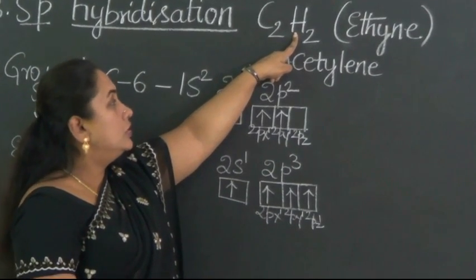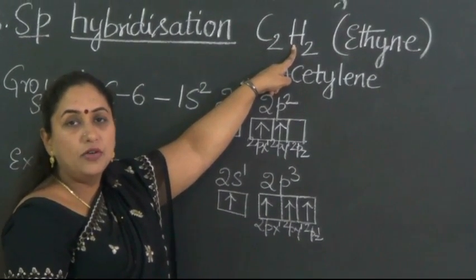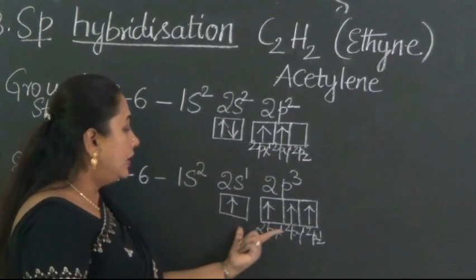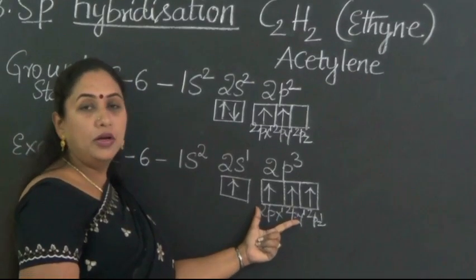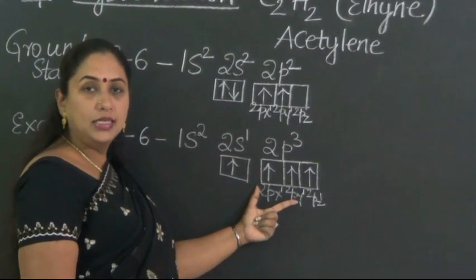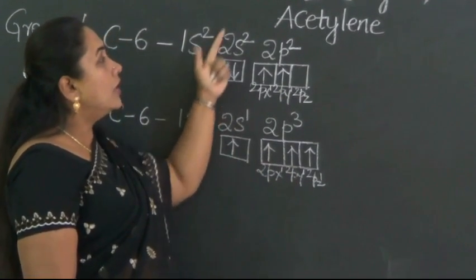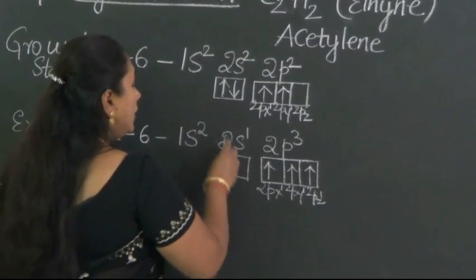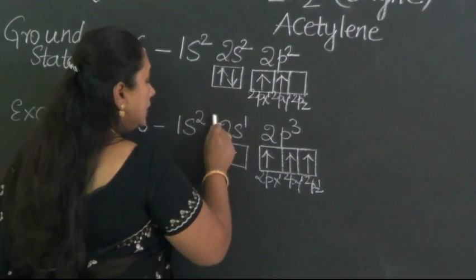So for suiting the need, that many hybrid orbitals only will be formed. Though there is a possibility for them to undergo sp3 hybridization, because the requirement is not there for this case, they will undergo only sp hybridization.